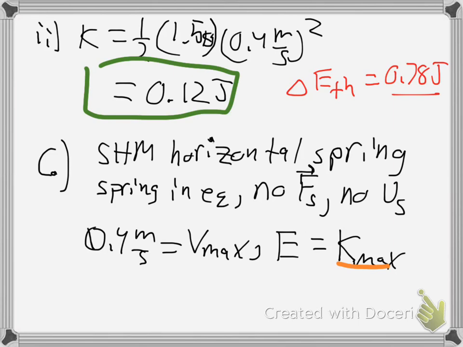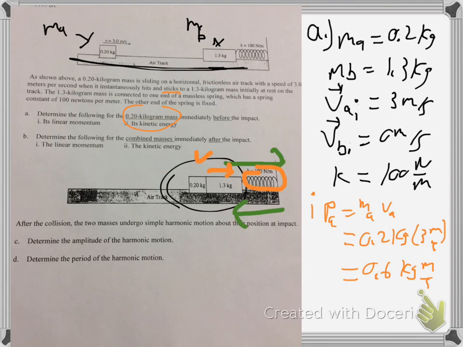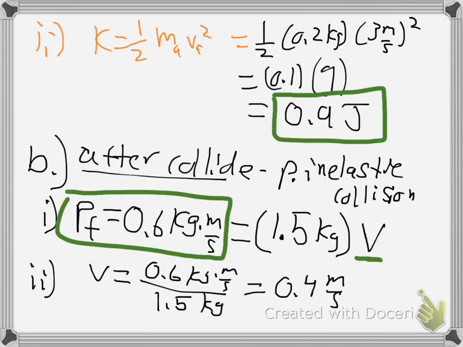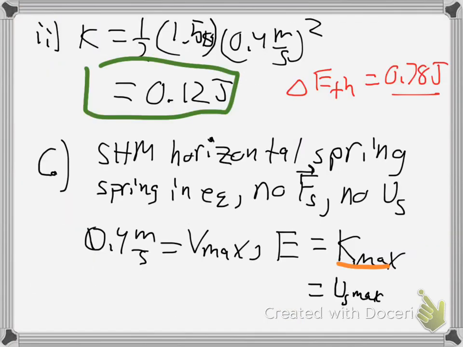And if we want to find out what the amplitude is, we're going to want to find the maximum elastic energy, because the maximum elastic energy is when the spring is compressed at its most, where the amplitude is. And that's what we're actually looking for in C.